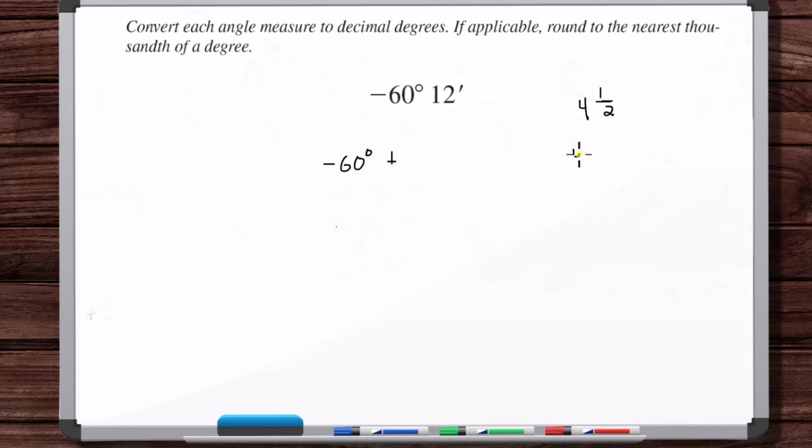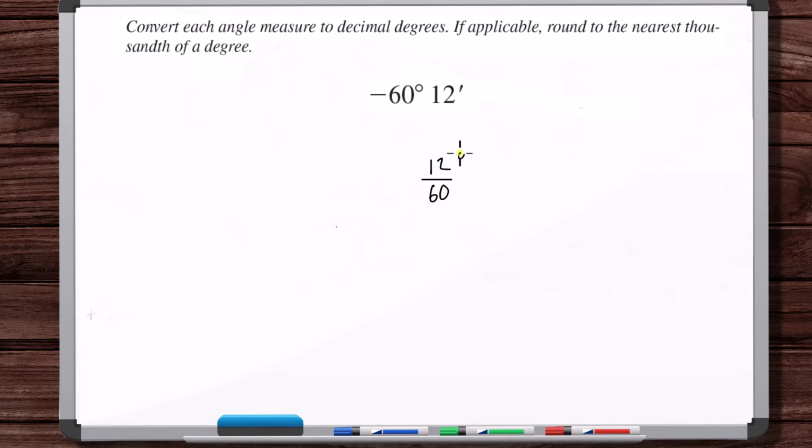Well, yeah, I could say that's like 4 plus 1/2, right? That's 4.5. That's true. But if I said minus 4.5, I'm not saying minus 4 plus 1/2, and so that's minus 3.5. Well, no, of course not, right? This means minus 4.5. So really what we want to say is how much of a degree is this? So they have 12 minutes and there's 60 minutes in 1 degree.